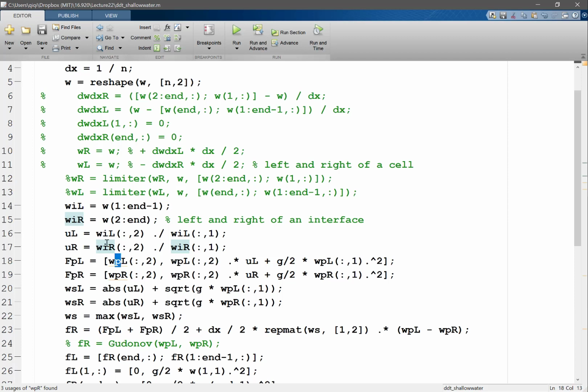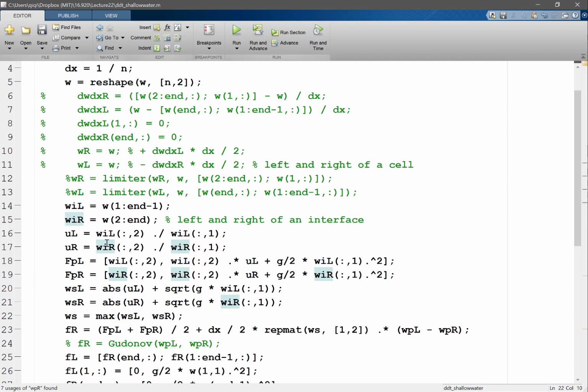So my FPL is this times UL, and this looks like the same. And my wave speed, the left is equal to this plus this.